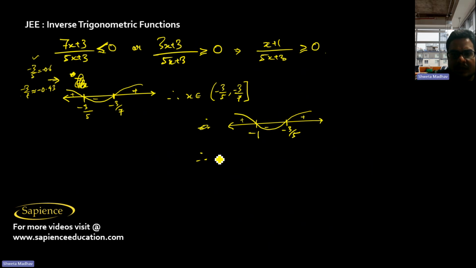So here x belongs to minus infinity to minus 1 union minus 3 by 5 to infinity.